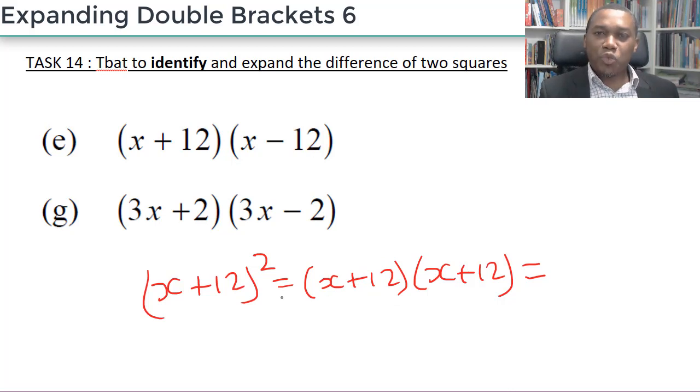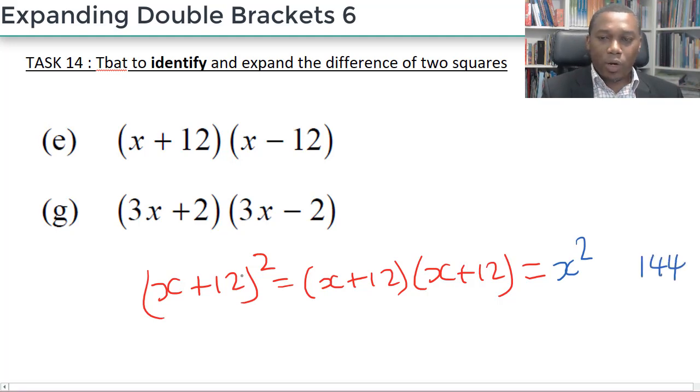But that's the change in the actual question we want to do. Let's just refresh what happens here. I don't have to write that double bracket out, because the first term is going to be squared, x squared. The second term is going to be squared, in this case 144, 12 squared. So x times x is x squared, 12 squared is 144.